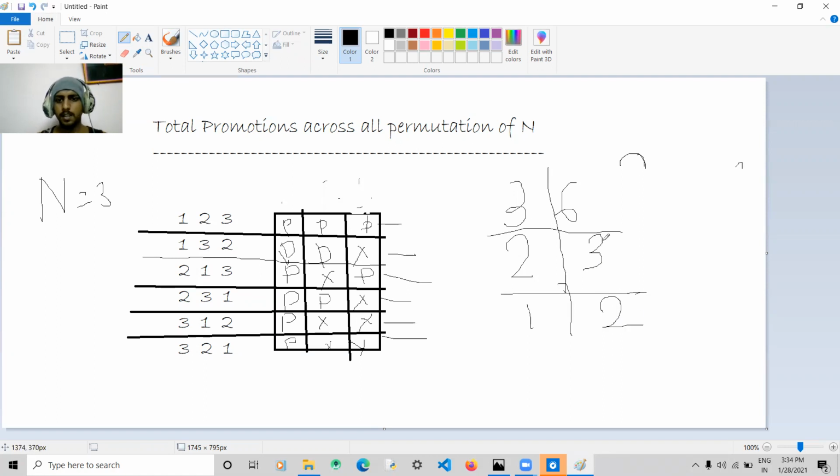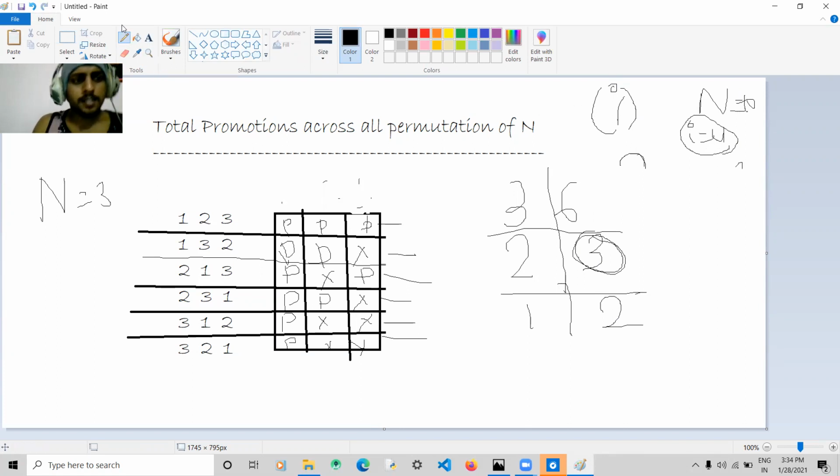So the question is, how can you find this number if I give you how many times i gets promoted? If n is say 10 and i is say 4, across all arrangements, how many times would 4 get promoted? This is actually very easy to come up with.